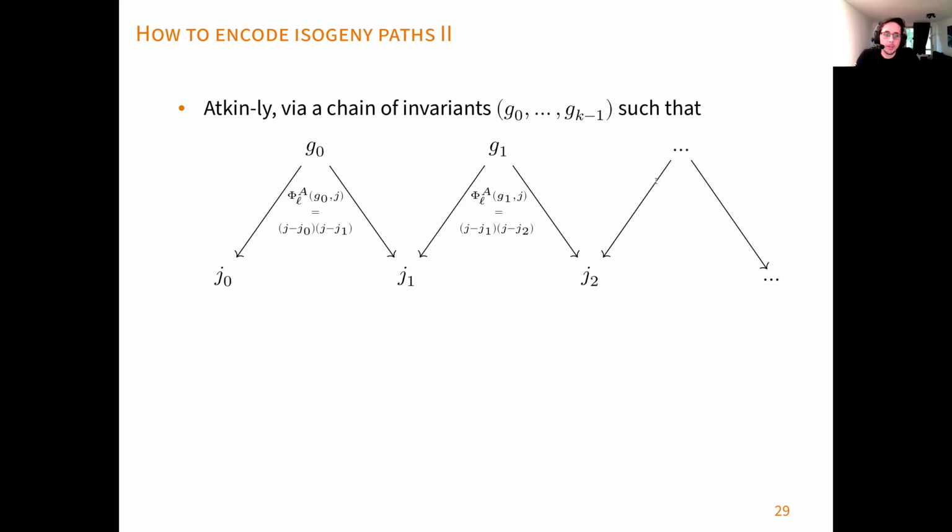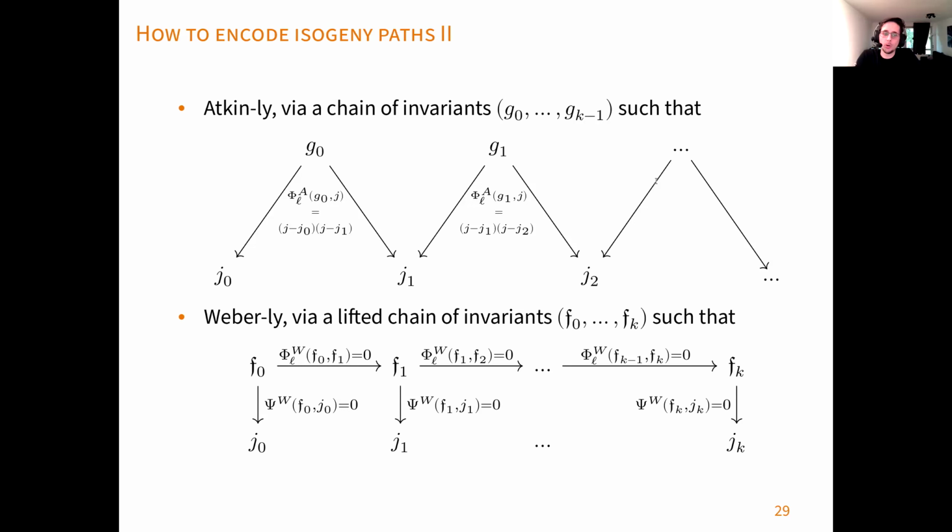Finally, for the Weber invariants, what we do is we encode our l-isogeny path via a lifted chain of invariants. So what this should satisfy is, of course, on the level of f-invariants, this should satisfy the Weber modular polynomial stepwise, and it should lift via this Weber relation the j-invariant chain that we're looking at.